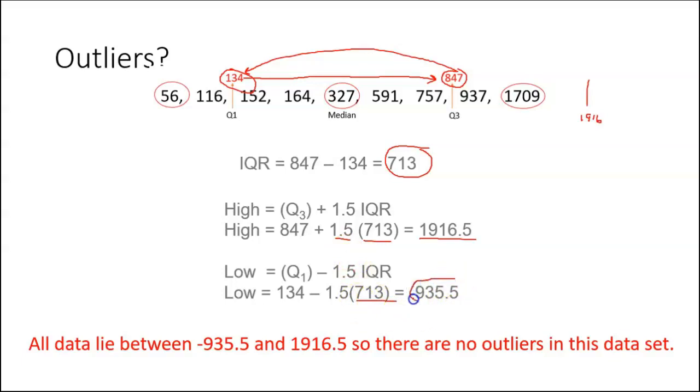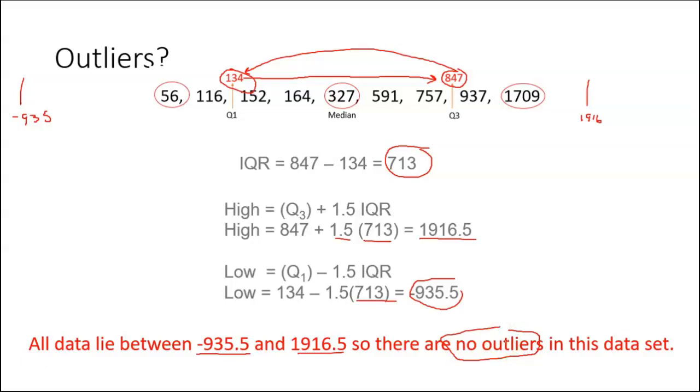And we get negative 935.5. I mean, negative 935 is way over here. And so we certainly don't have any numbers that are beyond negative 935. In fact, all of our data lie between that lower and that higher value. So we would say that there are no outliers officially in the data set.